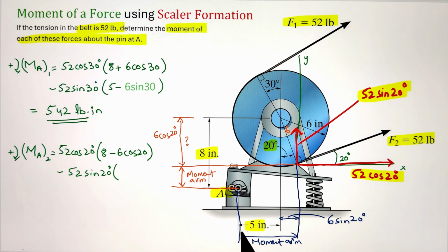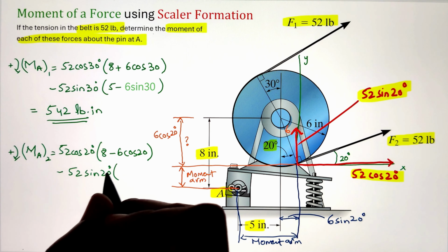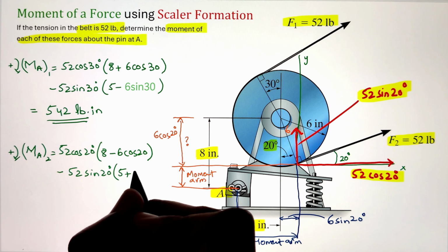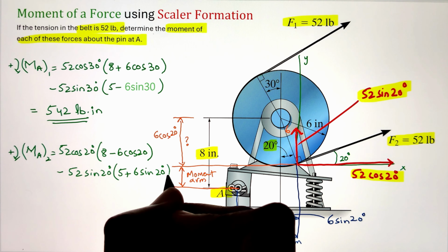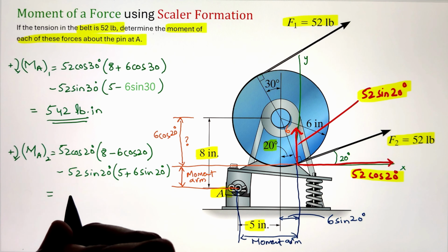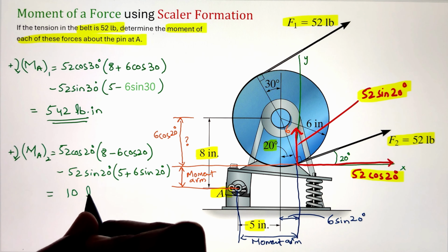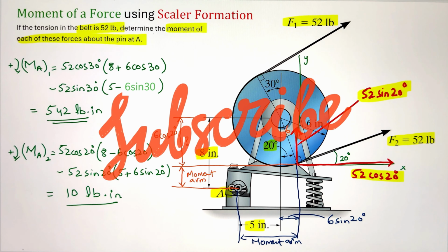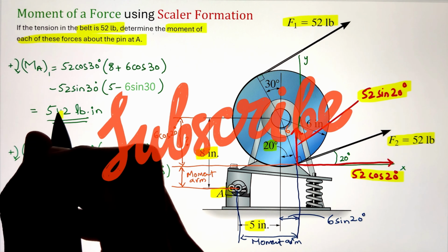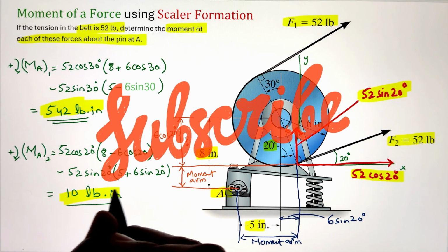Now our total moment arm will be the sum of 5 plus 6 times sine 20. Since the force vector is upward and the moment arm is to the left of the force vector, it is going to create a counterclockwise moment. That's why it is taken as negative here. Adding the two terms gives us our total moment of 10 pound-inches.